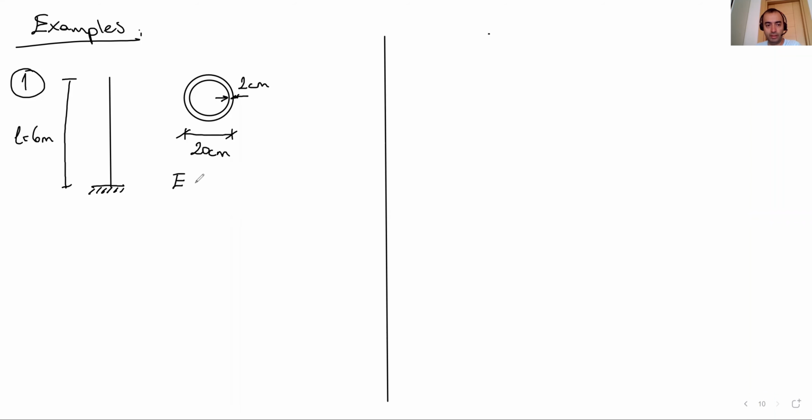Modulus of elasticity is 2.1 times. If lambda is less than lambda p, which equals 120, the method is here.